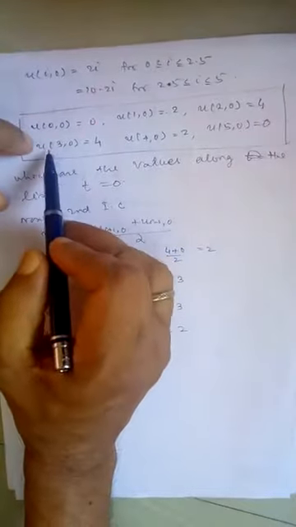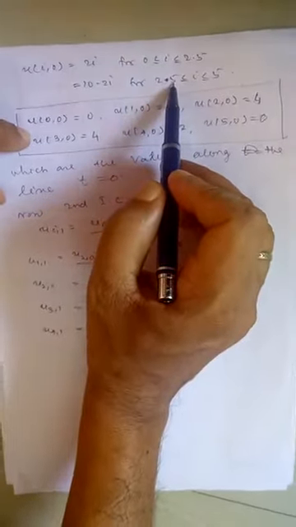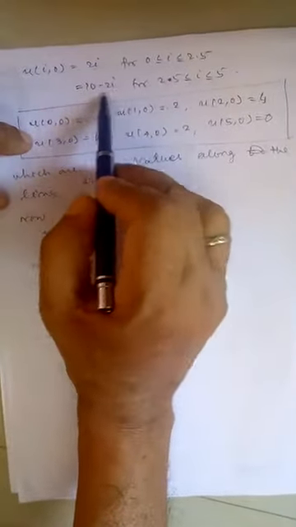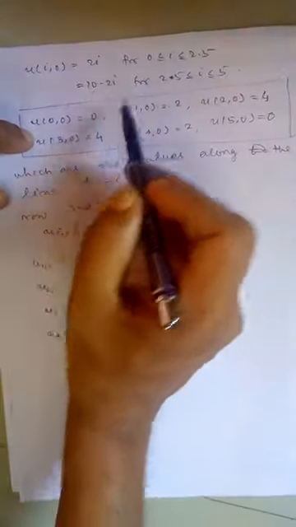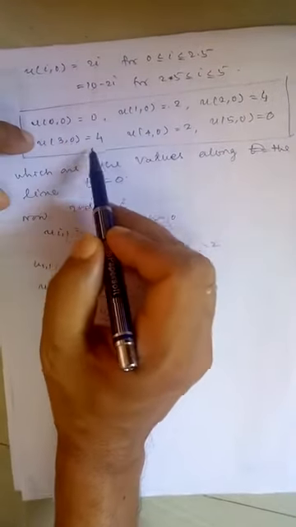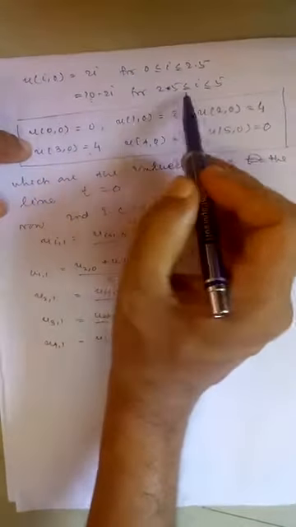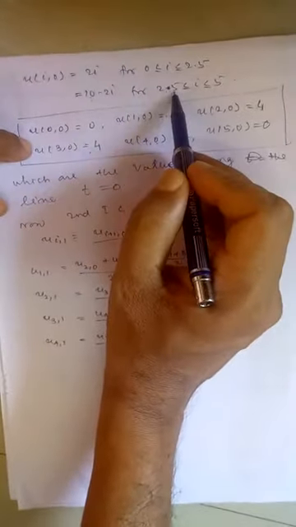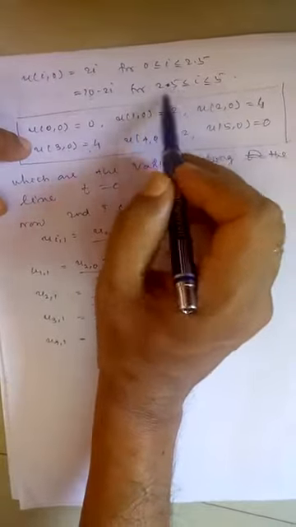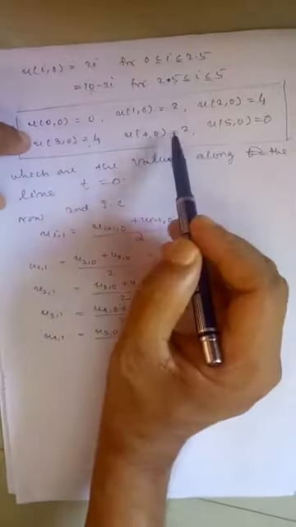Now let me find u(3,0). 3 is greater than 2.5, so I will use this function: 10 minus 3 into 2 is 6, 10 minus 6 is 4. Now u(4,0): here again 4 is greater than 2.5, so I will use this function, and I get 10 minus 2 into 4 is 8, 10 minus 8 is 2.